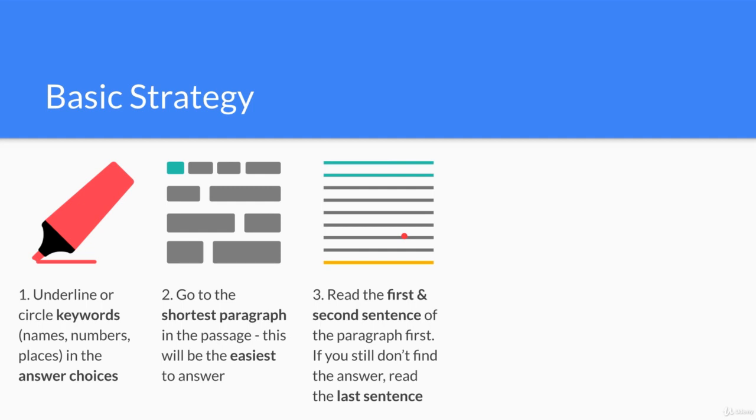Now, some IELTS teachers are going to tell you to read the first sentence and the last sentence because in a traditional paragraph, the first sentence gives you the overview of what the paragraph is going to be about, and then the last sentence kind of summarizes that paragraph. It's like a concluding sentence that wraps up everything this paragraph talks about. Usually that happens in traditional paragraphs.